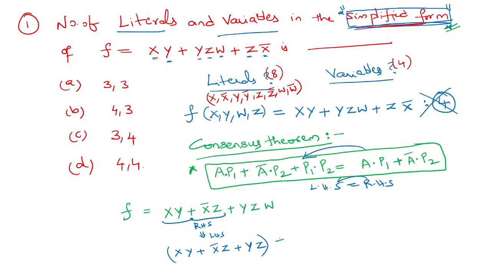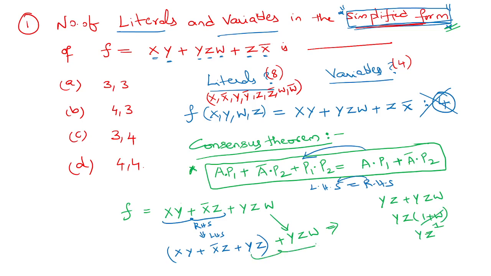Yes or no? Plus, I can write the same thing as it is. Now we know what YZ plus YZW is. How can I write that? YZ plus YZW can be written as YZ times (1 plus W). 1 plus W is 1, so it is YZ.